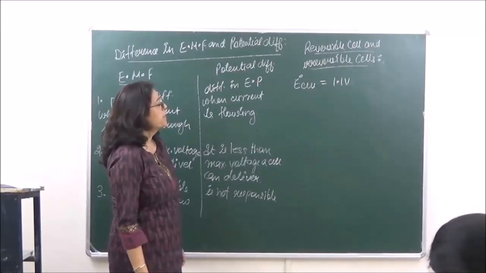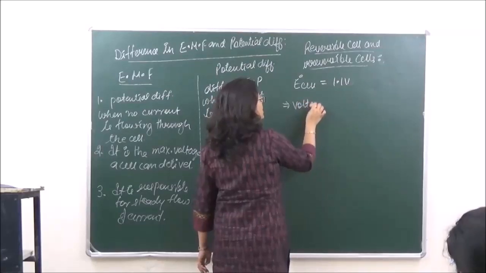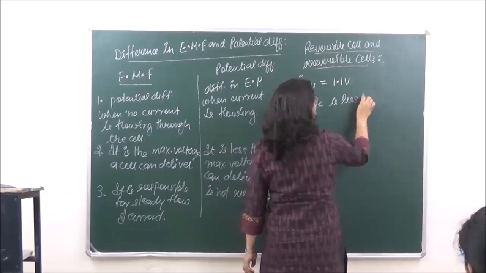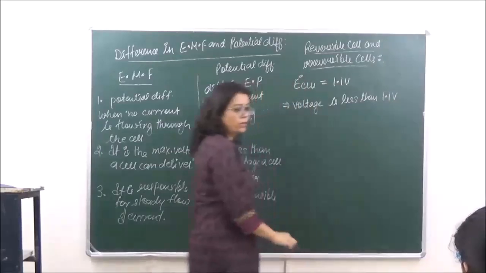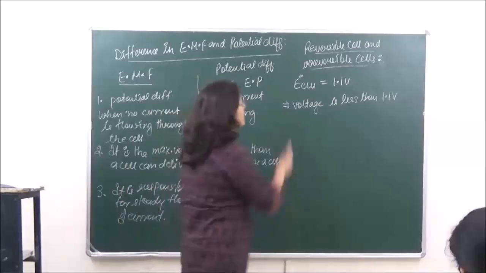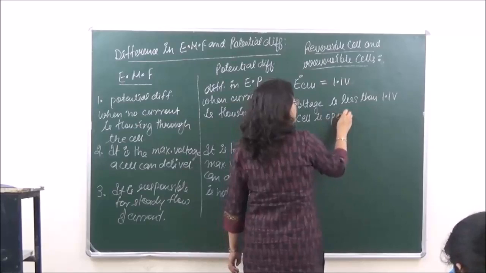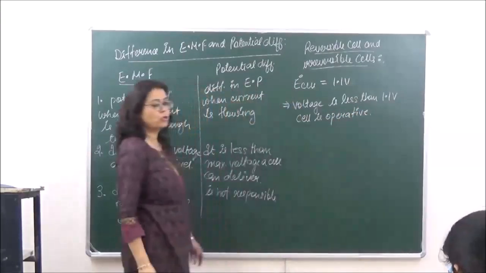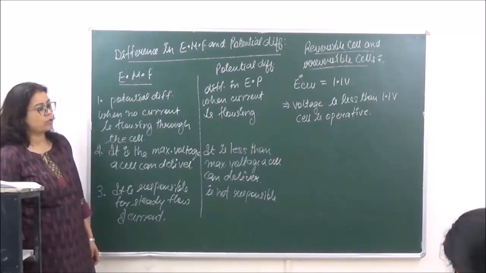Okay, so over here we say then that as the voltage is less than 1.1 volt, then the cell is operative, or the electrons keep flowing from the anode to the cathode and the current will keep flowing from the cathode to the anode, right?